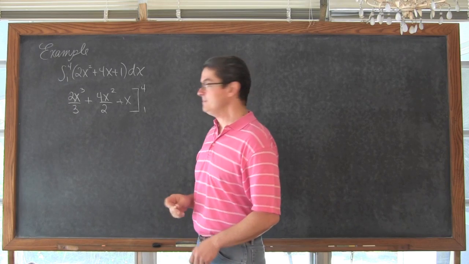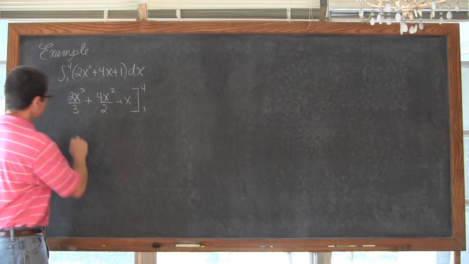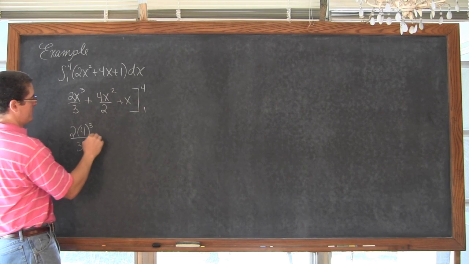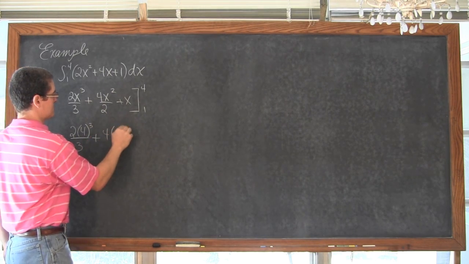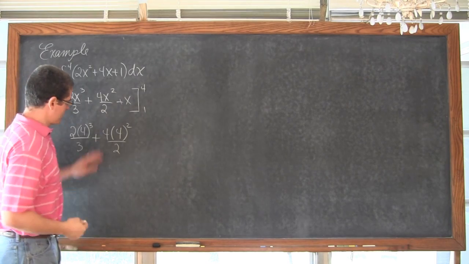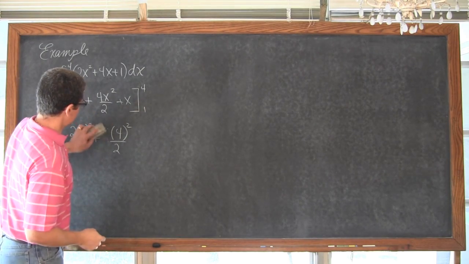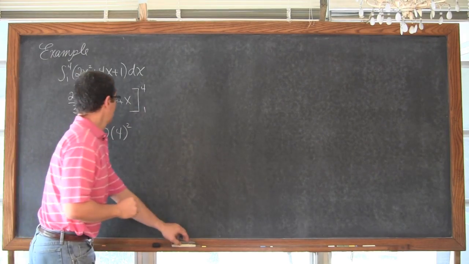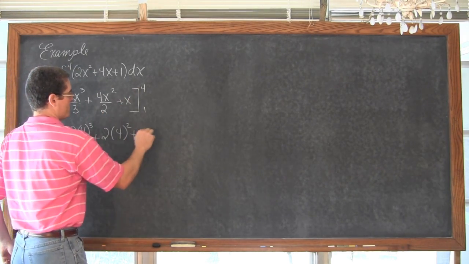So we're going to plug the 4 in and get 2 times 4 cubed over 3 plus 4 times 4 squared over 2. I could just do 4 divided by 2 is equal to 2, simplify things a little bit. And then plus x, or that 4 that we're plugging in.